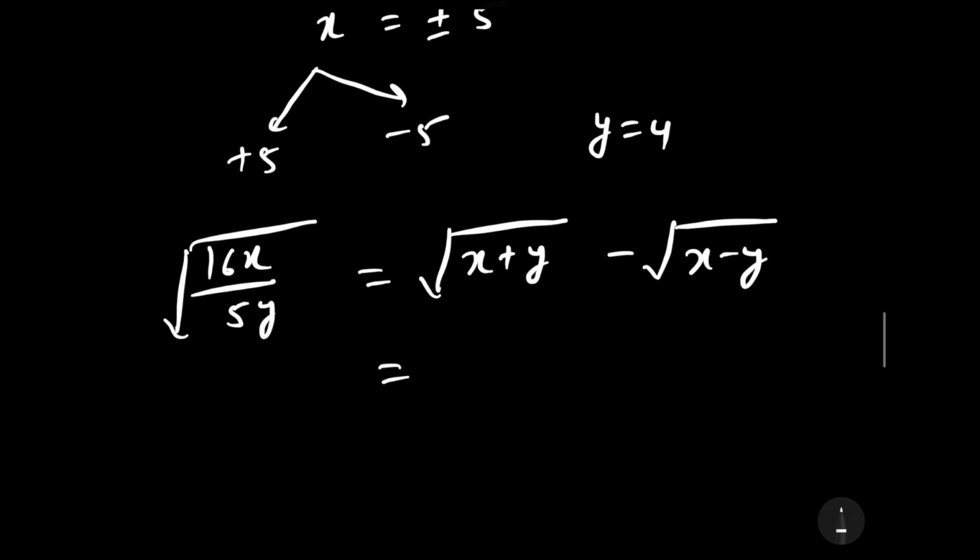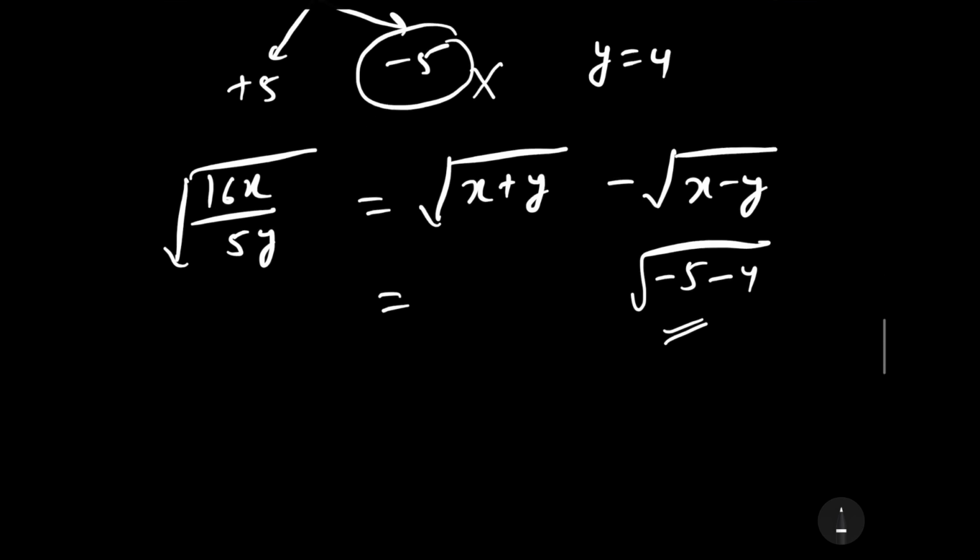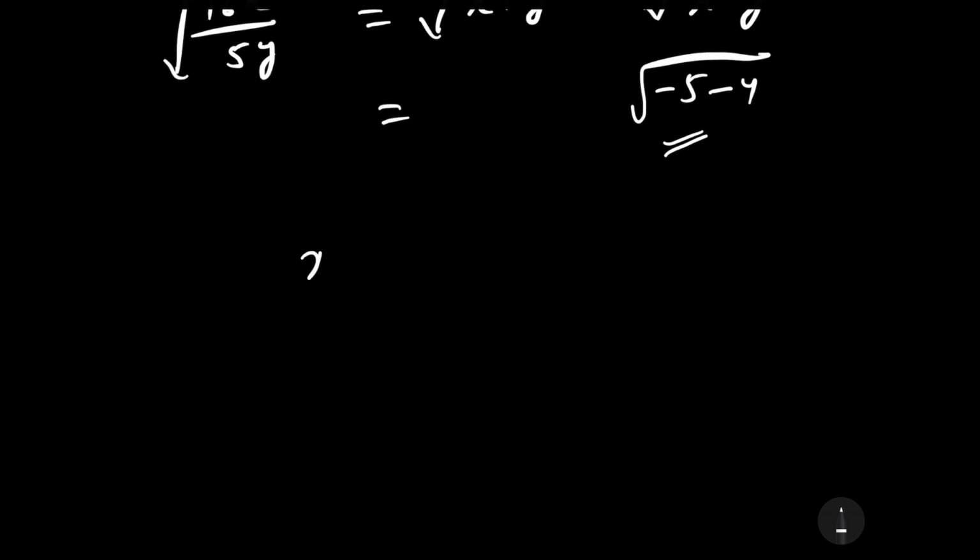If we put the value minus 5 and 4, then the square root of minus 5 and minus 4 will be undefined, since a negative number will come under the square root and will be undefined. Hence we will ignore this solution, and our solution for x will be 5 and for y it will be 4.